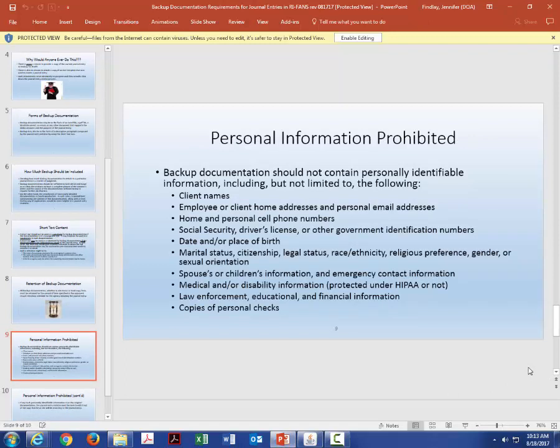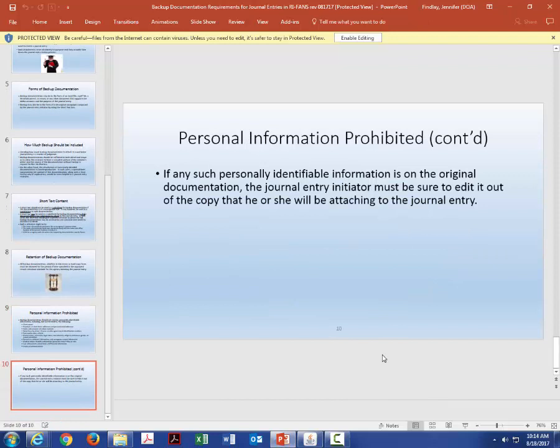Backup documentation should not contain client names, employee or client home addresses, or personal email addresses, home and personal cell phone numbers, social security numbers, birth dates, personal health histories, or any other personally identifiable information. If such information is on the documentation, the journal entry initiator should be sure to block it out before attaching the rest of the information to the journal entry.